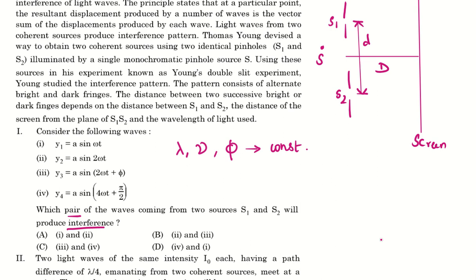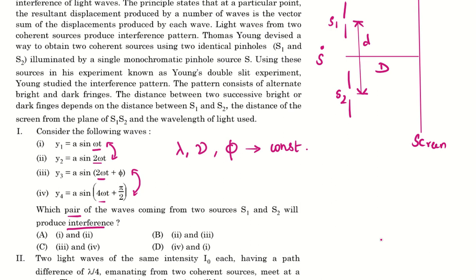So if you see all these mathematically, this is omega and the second one is 2 omega. So definitely the frequency is different, so they both cannot produce. In the same way, this is 2 omega and this one is 4 omega, so definitely these two also cannot.